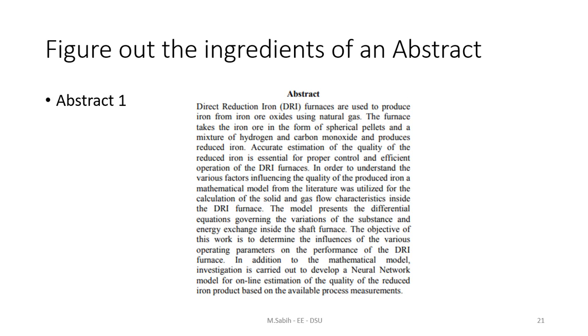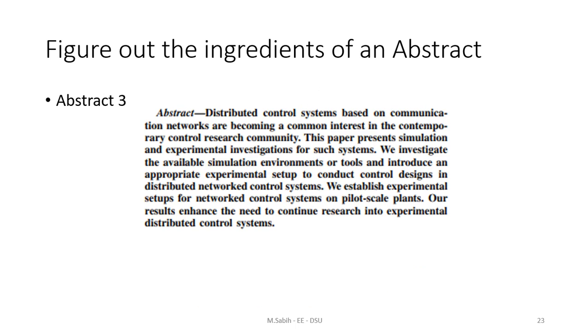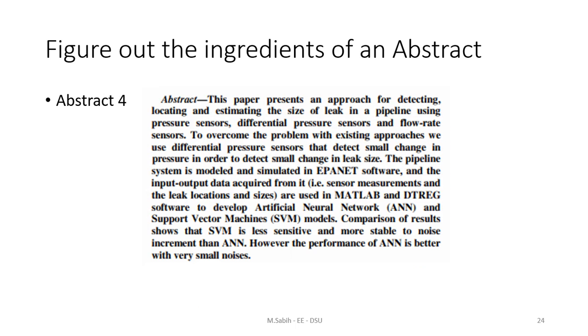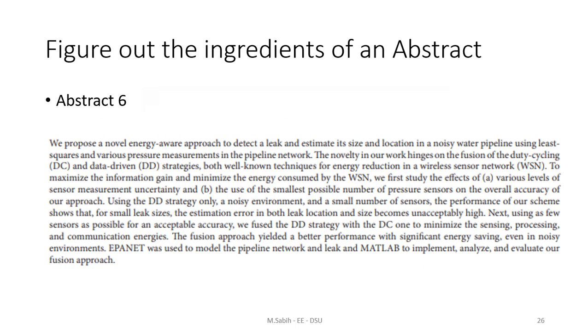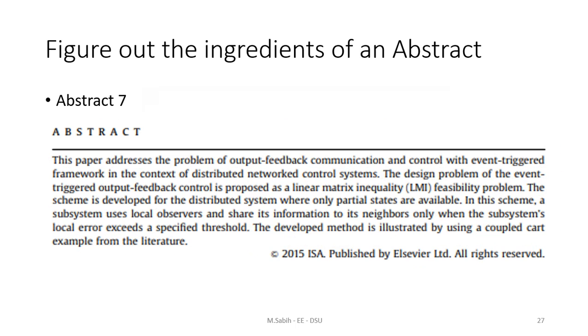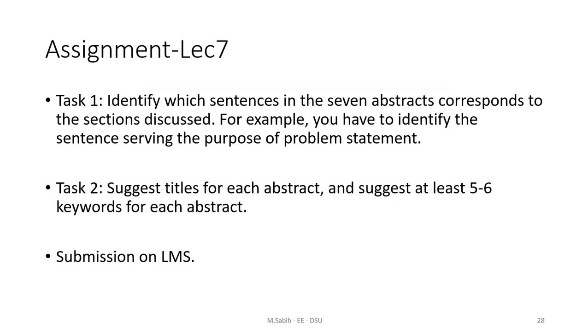And through this exercise, there are 7 abstracts, abstract 1, 2, 3, 4, 5, 6 and 7. Your task is to identify which sentences in the 7 abstracts correspond to the sections discussed. For example, you have to identify the sentence serving the purpose of problem statement.